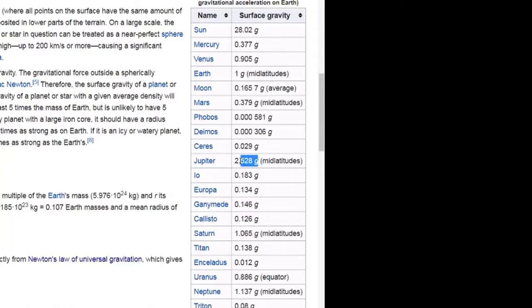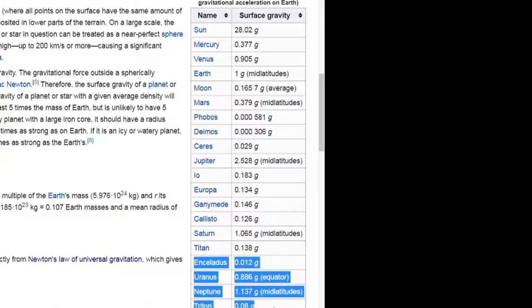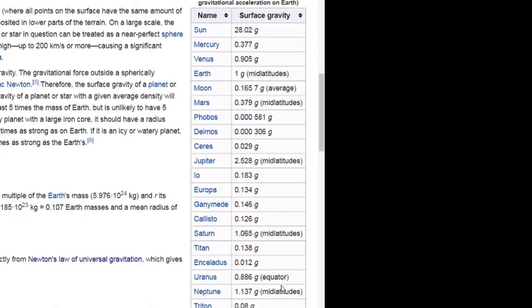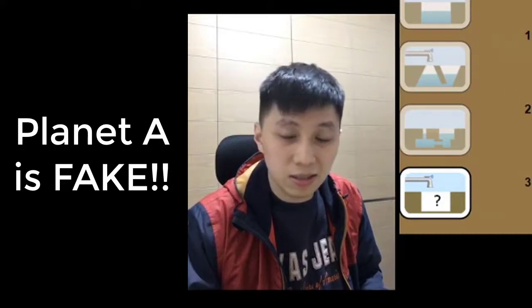Jupiter is 2.5, not very close, but at least it's 2. This is 0.1 something. Saturn is very close to Earth. So that is to say, planet A doesn't really exist.